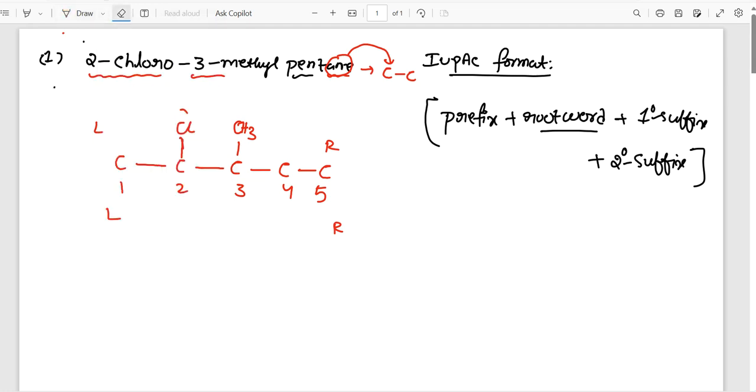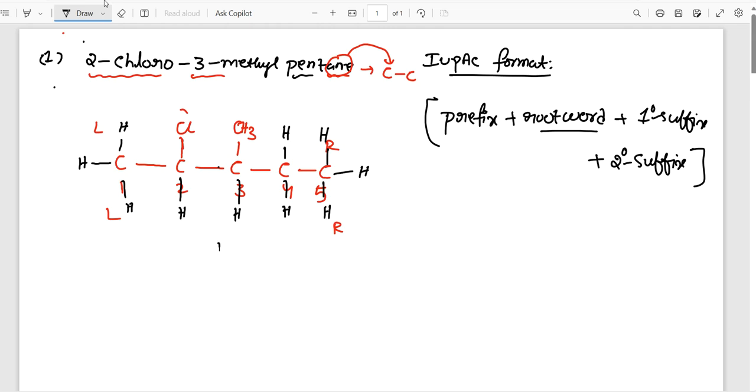Now let us balance the remaining valences. We know that carbon valence is 4, so the remaining valence is satisfied by hydrogens. Here one hydrogen, here one hydrogen, here two hydrogens, and here a total of 3 hydrogens.